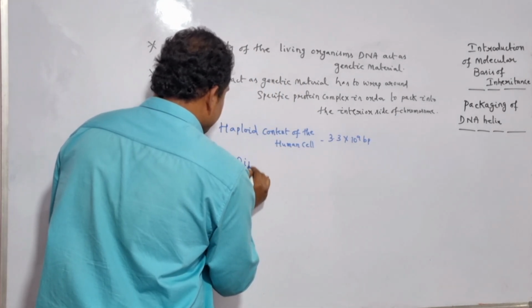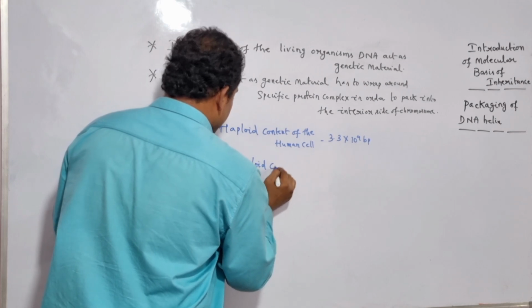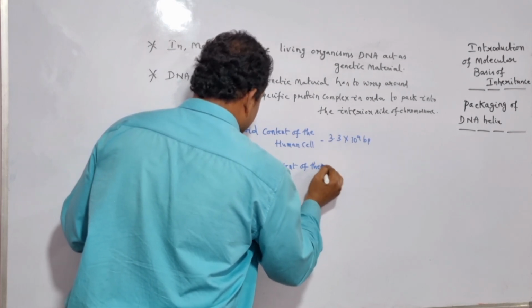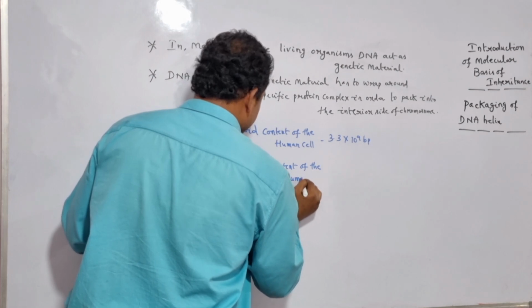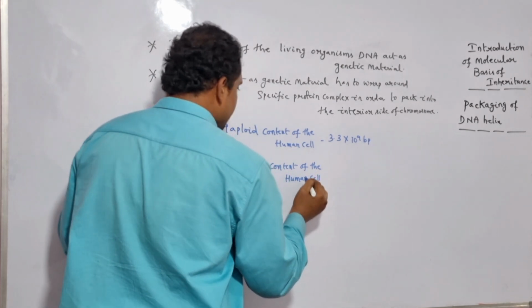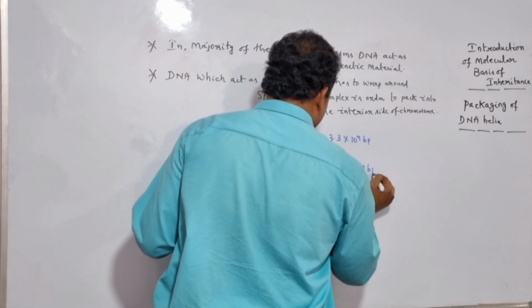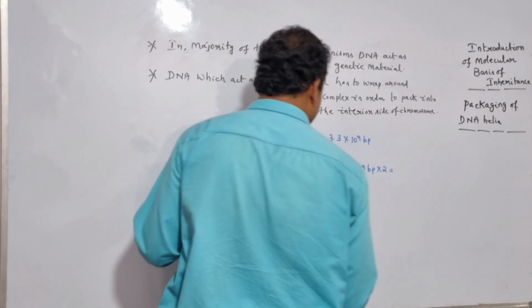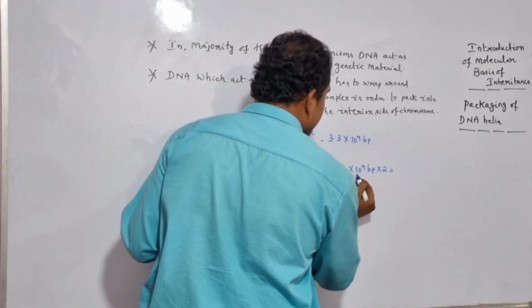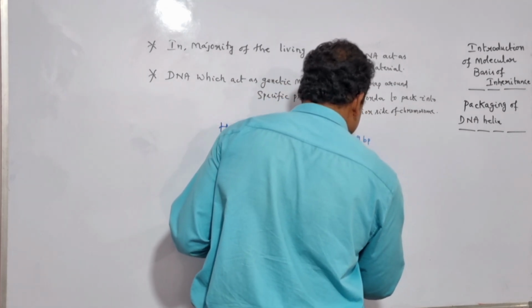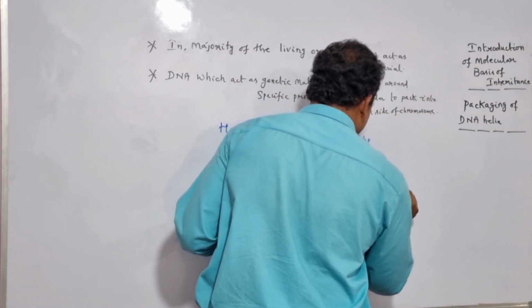Diploid content of the human cell ranges around 3.3 into 10 to the power of 9 base pairs into 2, right? Once we multiply 3.3 into 10 to the power of 9 base pairs with 2, we obtain 6.6 into 10 to the power of 9 base pairs.